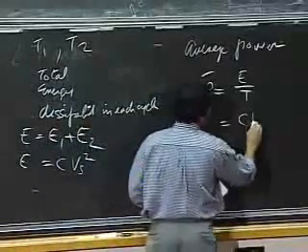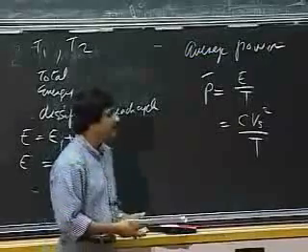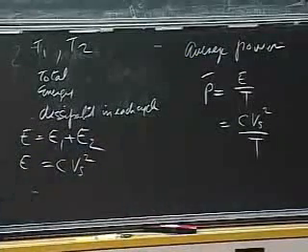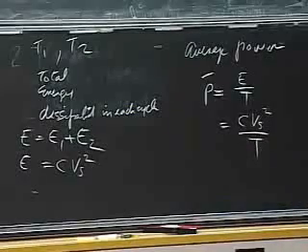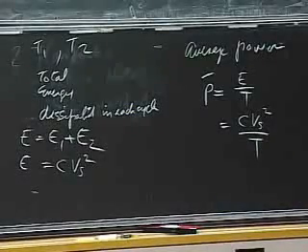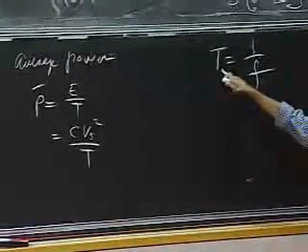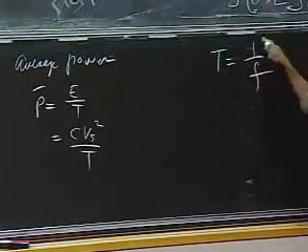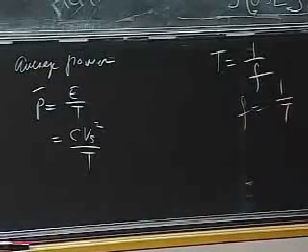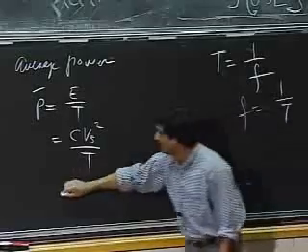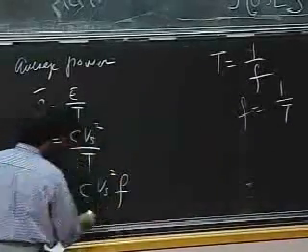So this is simply C Vs squared divided by T. If the period of the square wave is capital T, I can express that as a frequency. So let's say the frequency of the square wave is simply 1 by T. So I can also express this as C Vs squared F.